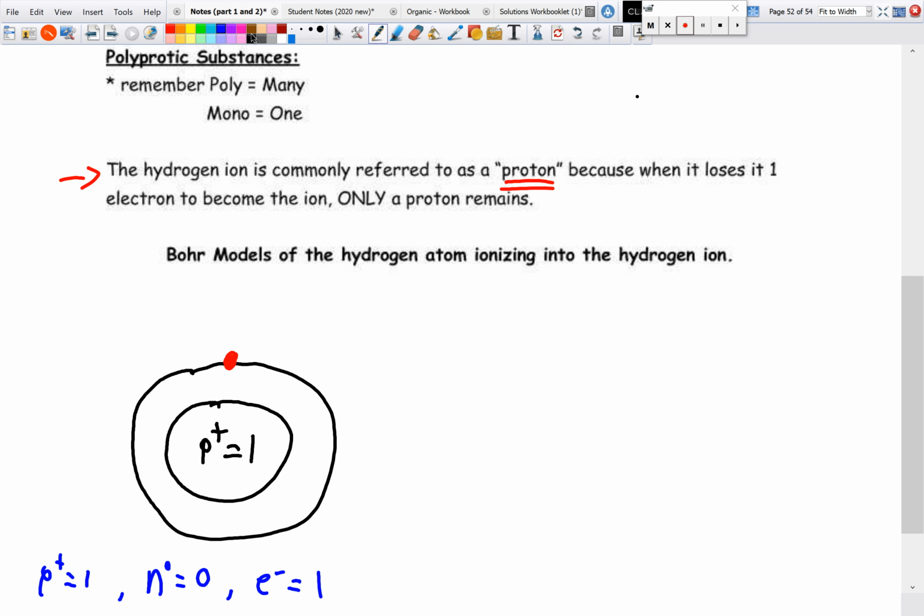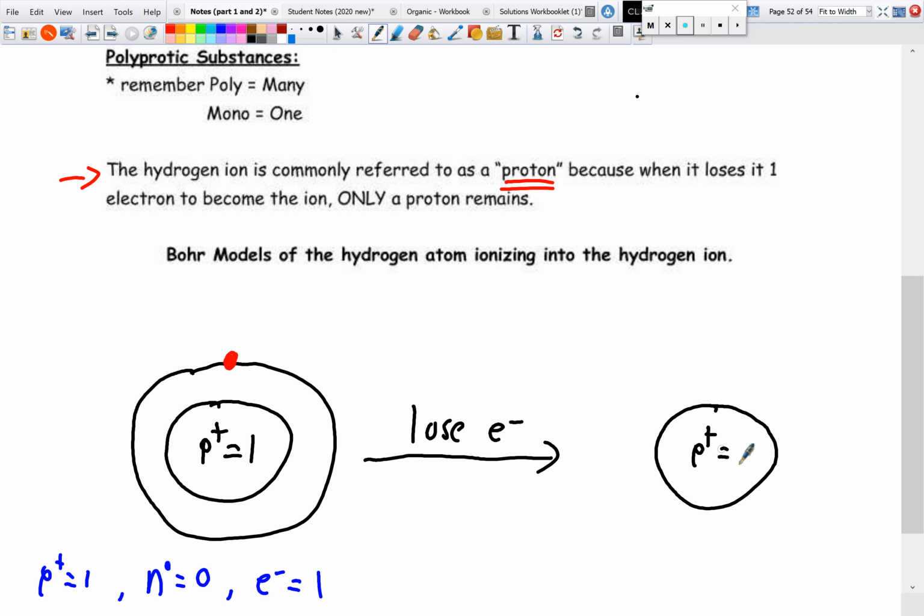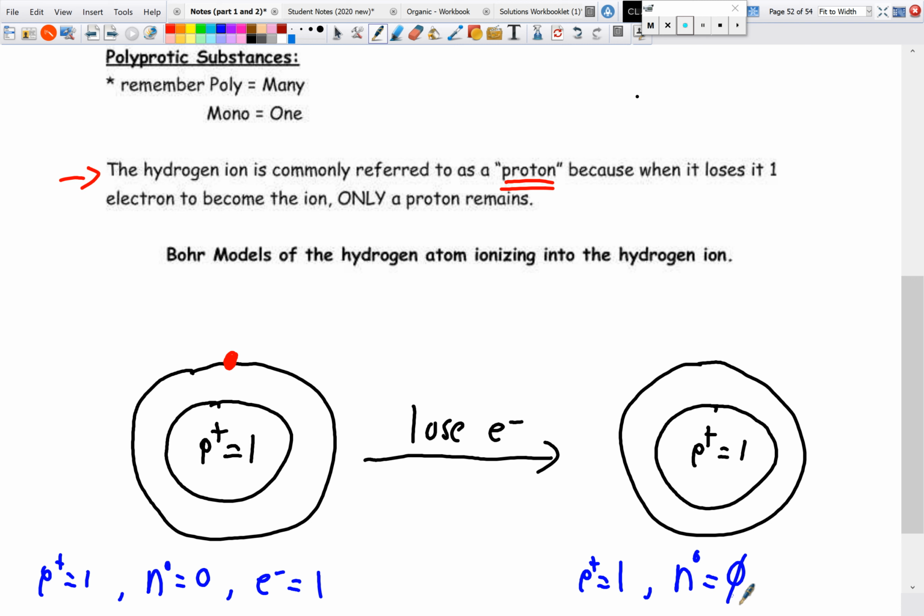Now, as this forms the ion, we know hydrogen, to form the H+, has to lose the electron. So now we have a nucleus, and our first energy level is empty. When we count everything, we have one proton, no neutron, and no electron.